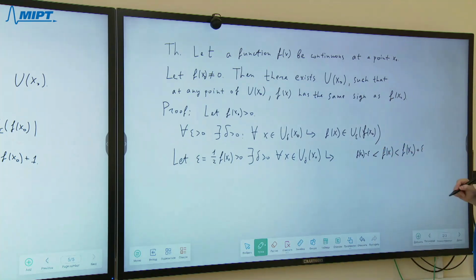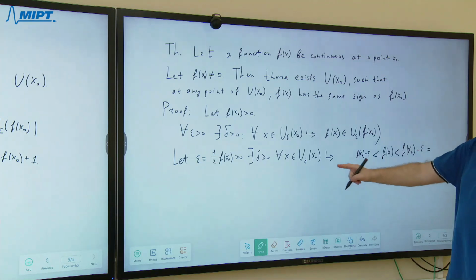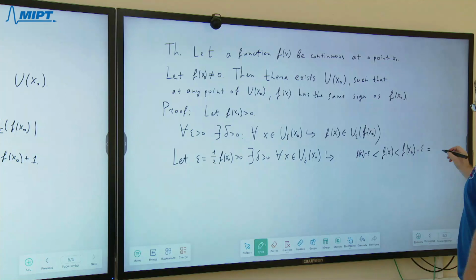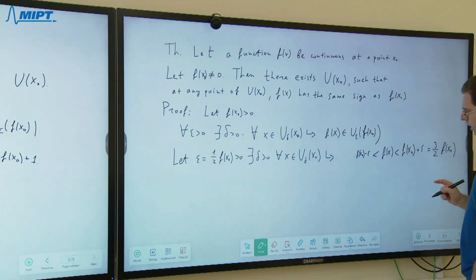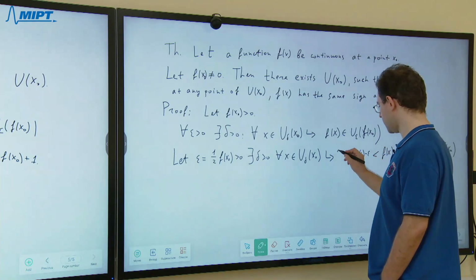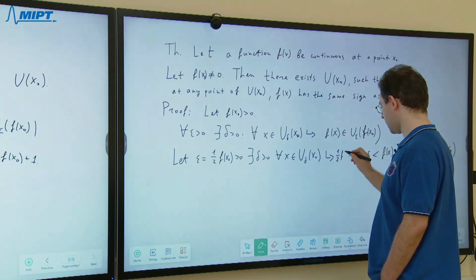F of x0 plus epsilon is 1 plus 1/2 times f of x0. So this would be 3 by 2 f of x0. And this value is 1 minus 1/2, so this would be 1 by 2 f of x0.